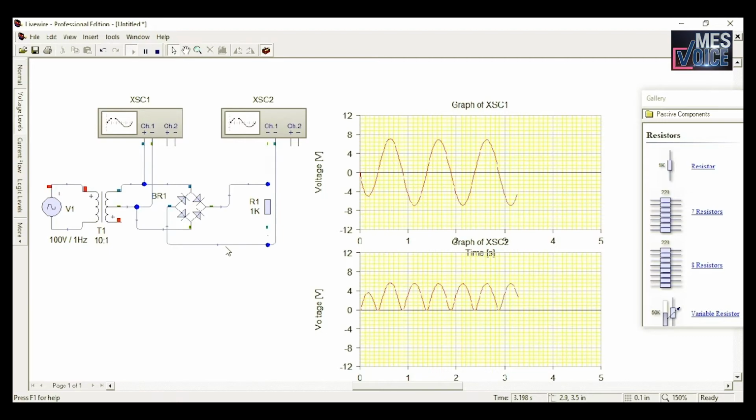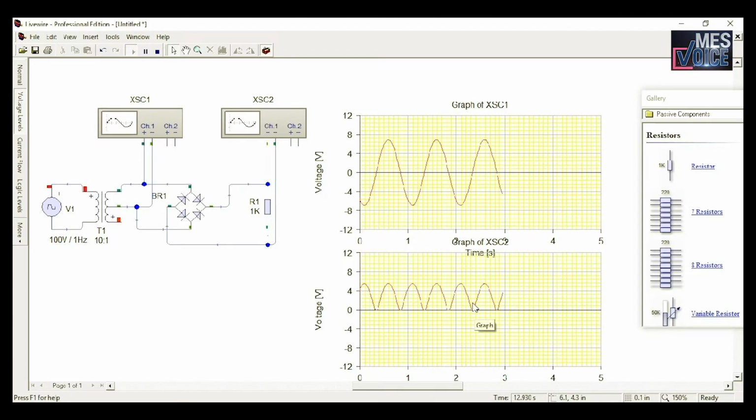Now we can see the input is a pure sine wave, and the output is the rectified waveform. That means the pulsating DC output having both half cycles.